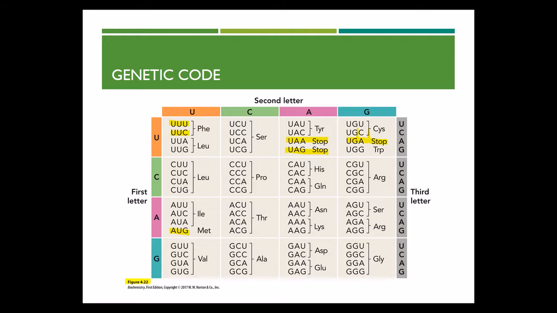Methionine has only 1 codon, which is AUG. You can see serine, for example, has 4 different codons. Same thing with proline, leucine, valine, alanine. So there is multiple redundancy that is occurring.